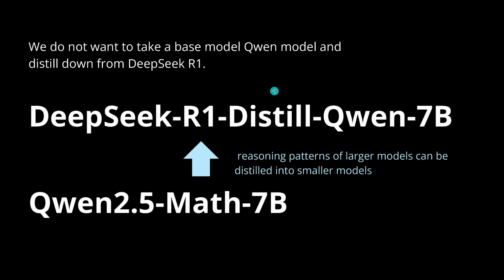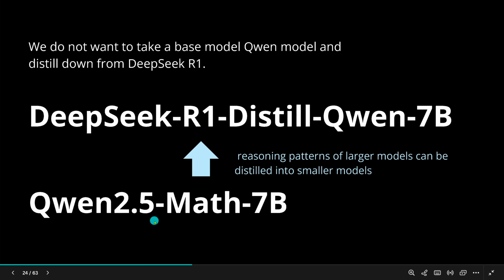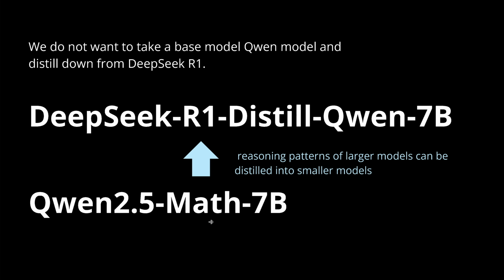There's another topic I want to stress, because if you look at the original DeepSeek R1 distilled Qwen 7B from DeepSeek as published, they have a base model that is the Qwen 2.5, luckily the latest, but the mathematical model. But for vision language, we need a general model and not a mathematical specialized hypertrained model.